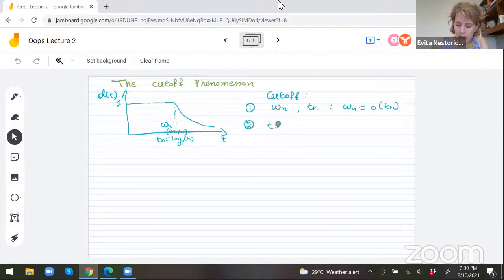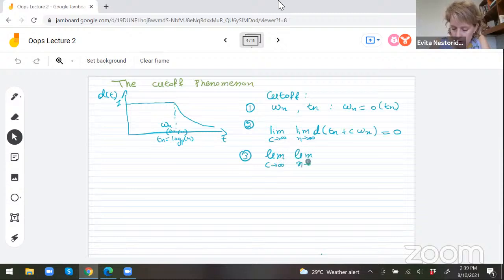And then if we take T_n steps plus a little bit more, W_n determines how much more, and then we take a limit with respect to n, and then a limit with respect to c, then the total variation distance will be going to 0. This describes this part of the picture. But if we take fewer steps, then we will be going to 1. So we are not mixed at all.